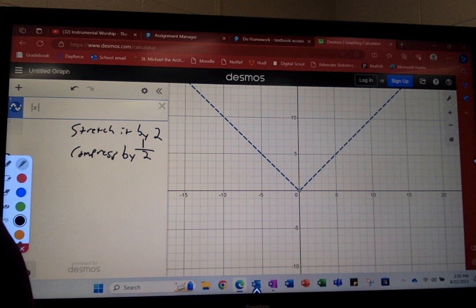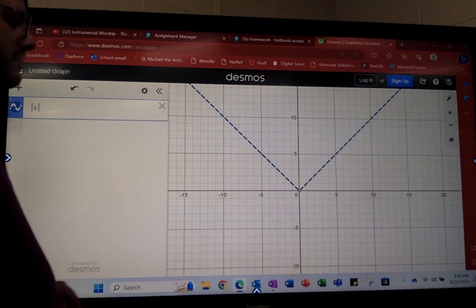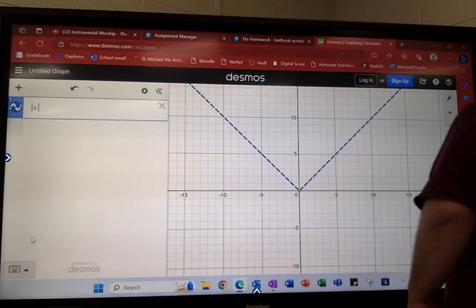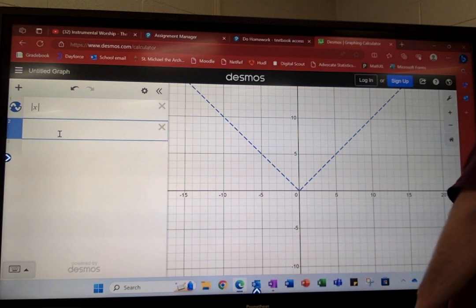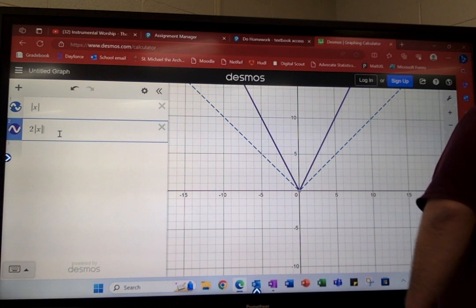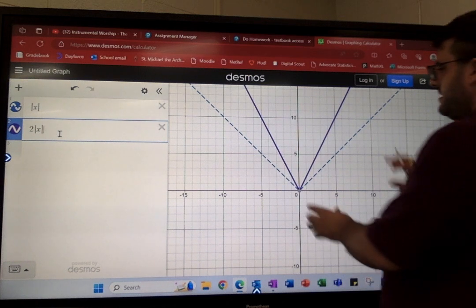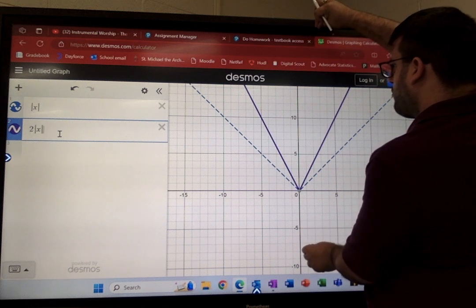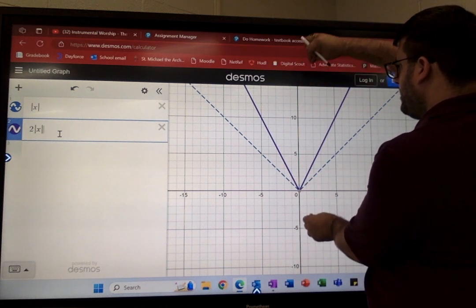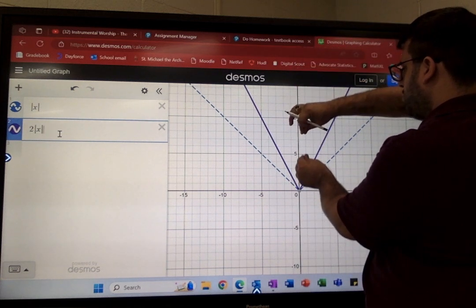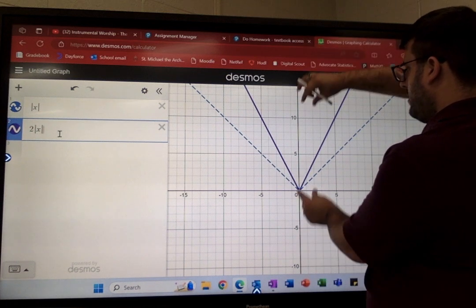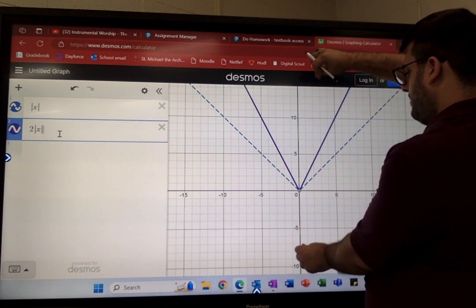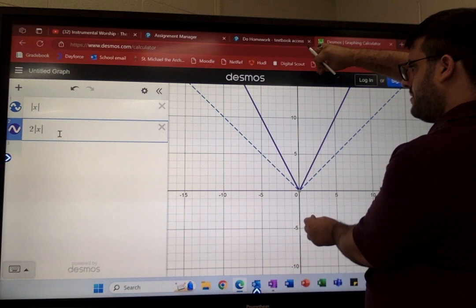So, let's go ahead and see what that does. And remember, this takes place on the outside of the function. So 2 times the absolute value of x. See how you can think of it as the shape of it being stretched like a rubber band. As a rubber band stretches, it gets thinner and thinner. So we're stretching it away from the x-axis here, right?